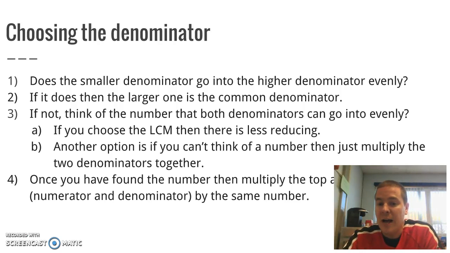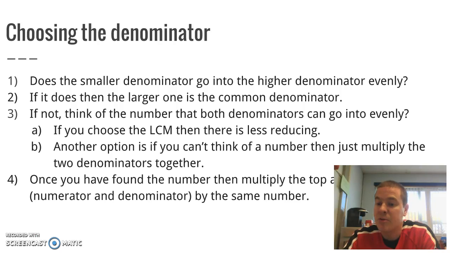If the smaller number does not go into the larger denominator, then you have some choices. You can find the least common multiple, and that is going to be your denominator. Remember, the least common multiple is the smallest number that both numbers will go into evenly.